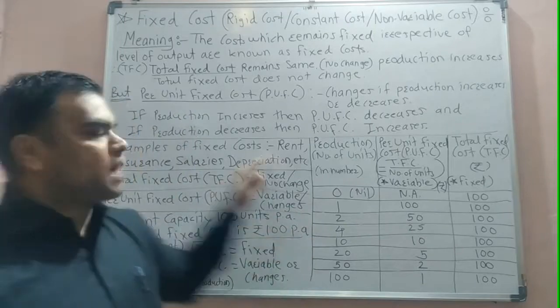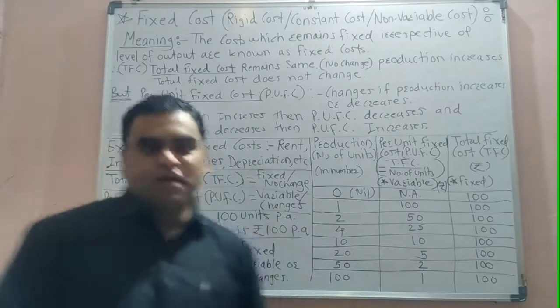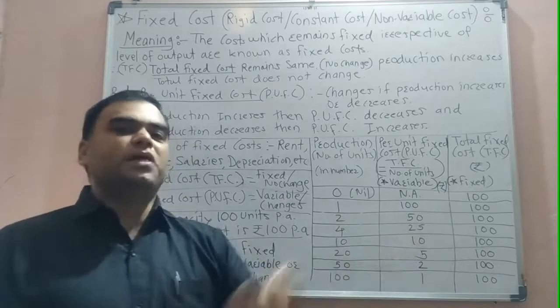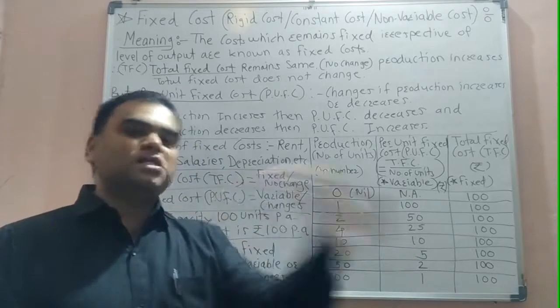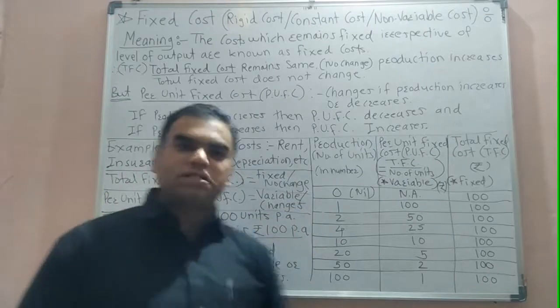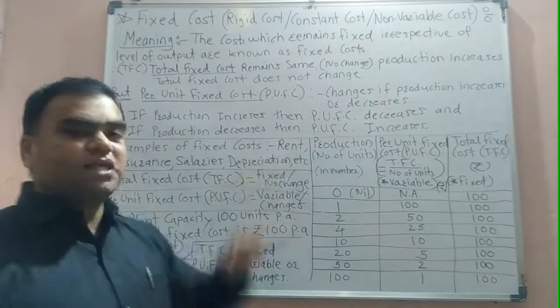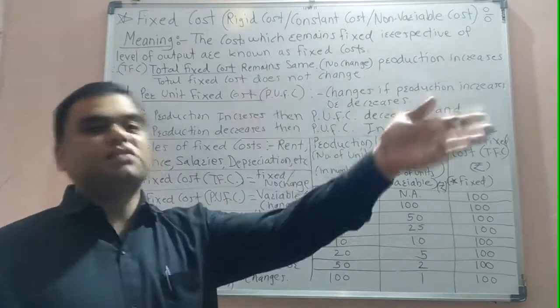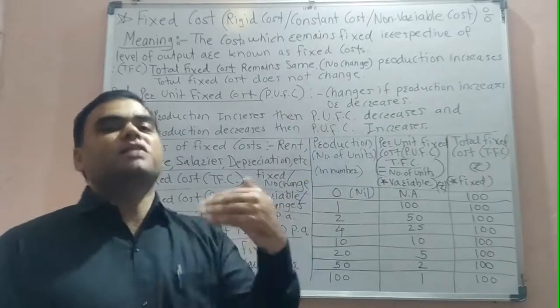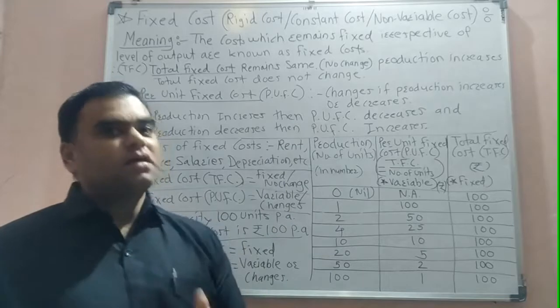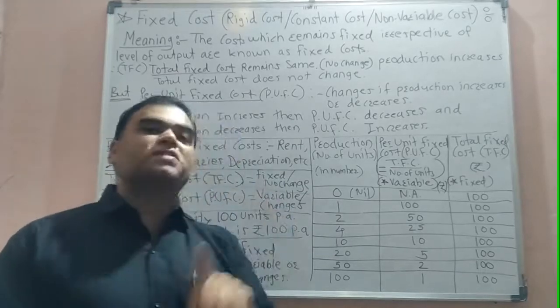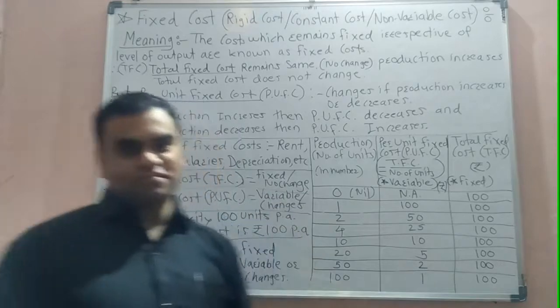The same thing happens in case of depreciation. Depreciation amount is fixed. It doesn't change whether you manufacture or not, or whether you increase or decrease the production. Your depreciation amount will not decrease or increase if you increase or decrease the production. It means depreciation is also a cost which remains fixed, which doesn't change.